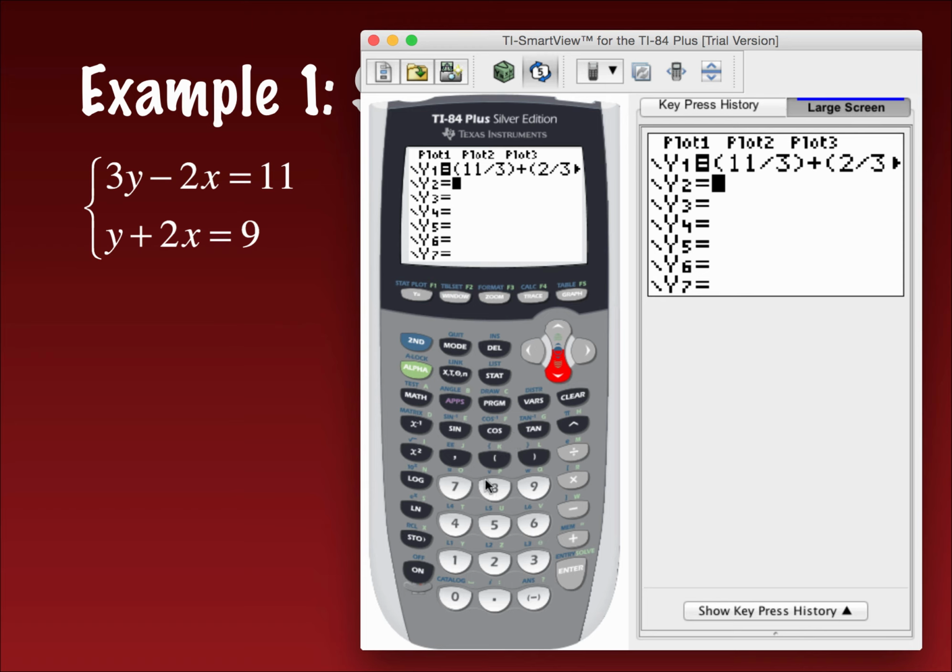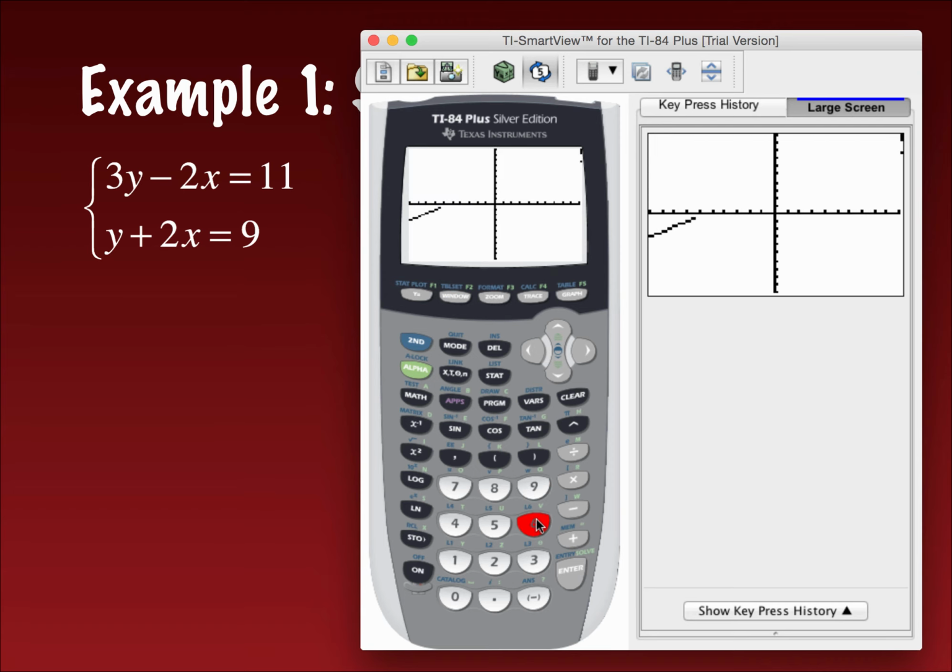My bottom equation is going to be negative 2x plus 9, just like we solved earlier. Okay, I expect my solution to be at 2, 5. So again, I'm just going to use that standard window.